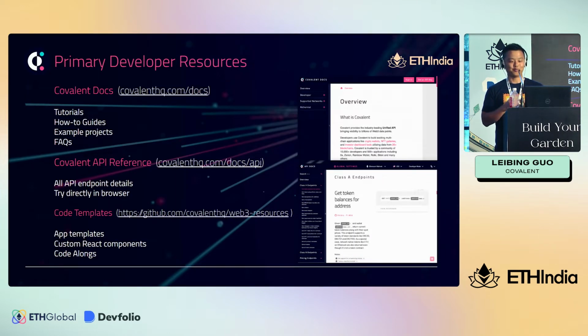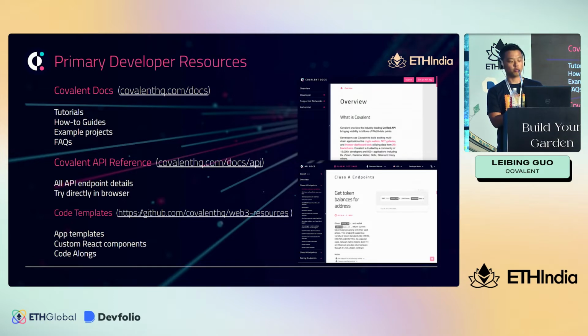Everything is in our docs. You can just check out how to use the API from our documentation. We have an API reference, which allows you to call the API directly from your browser. Typically, I would be exploring this, but because the Wi-Fi is a bit flaky right now, I would just be skipping that, and maybe I'll show you a little bit about what the response looks like using some of the slides here.